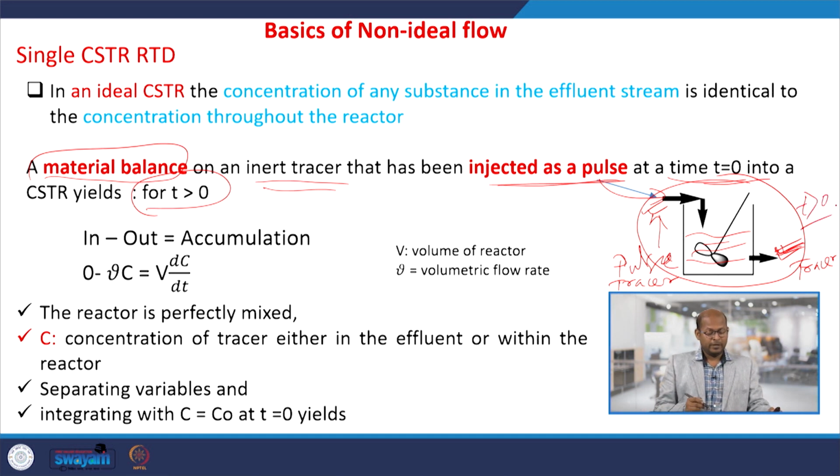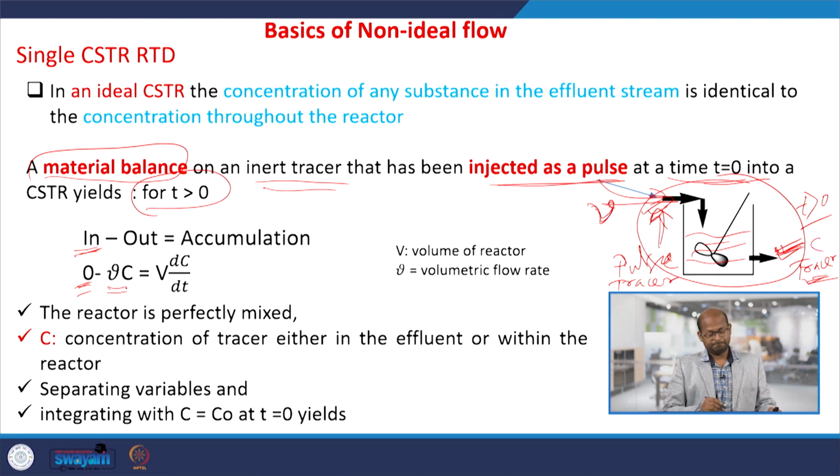The input equals 0, since once we inject the 5 or 10 milliliters of tracer, only feed is passing, so there is no tracer. The input concentration of the tracer is 0. For the output, if v naught is the volumetric flow rate, the concentration at the outlet is C.